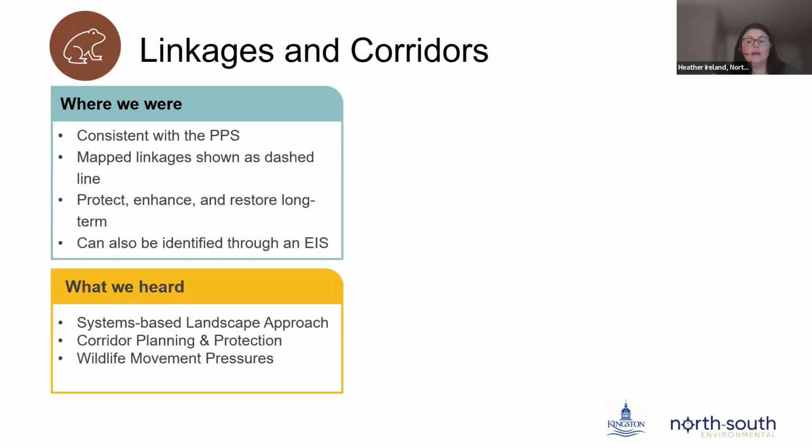Based on community feedback, there was emphasis on the importance of protecting ecological corridors using a system-based approach. Respondents really highlighted the need to reduce wildlife mortality and support their movement across the landscape, as well as ensuring connectivity is considered when assessing development impacts.